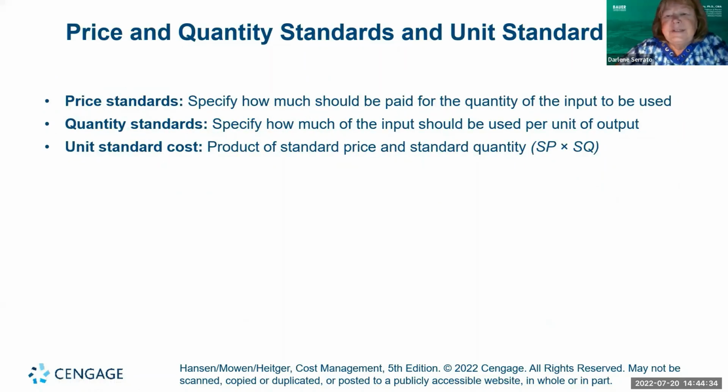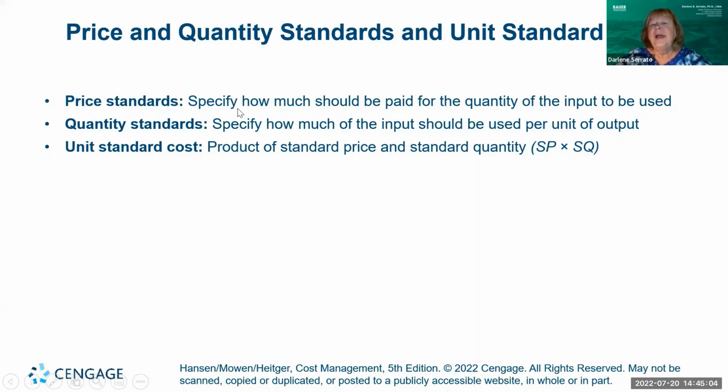Under standard costing, we have 2 standards that have to be developed for each product cost. We have direct materials, direct labor, variable overhead, and fixed overhead. So we need to have 2 standards for each of those 4 product costs. The first one is the standard price.